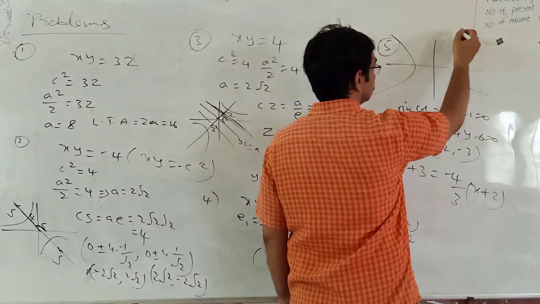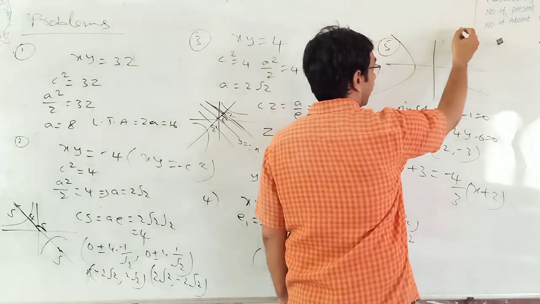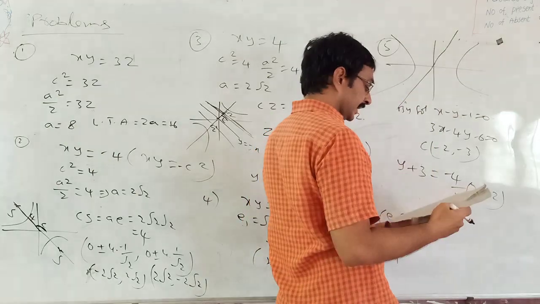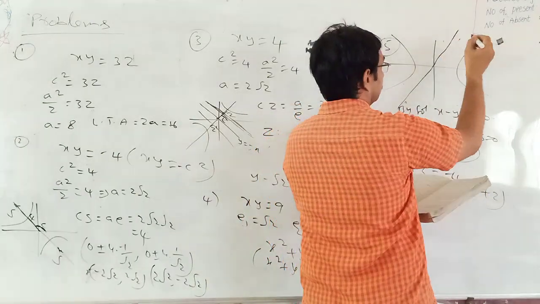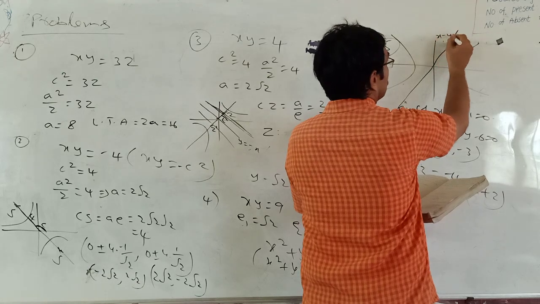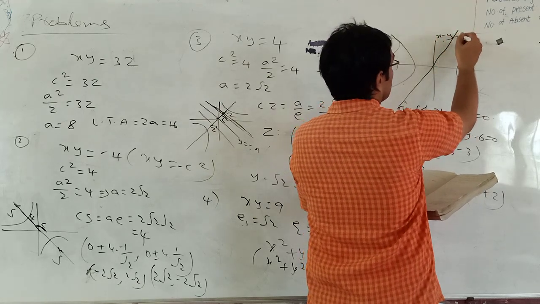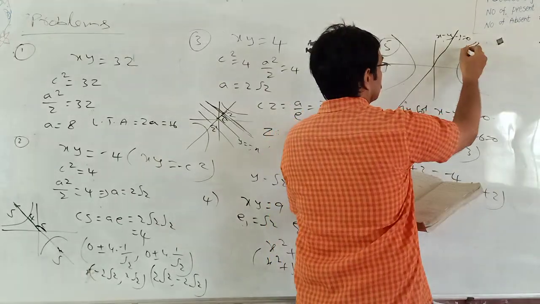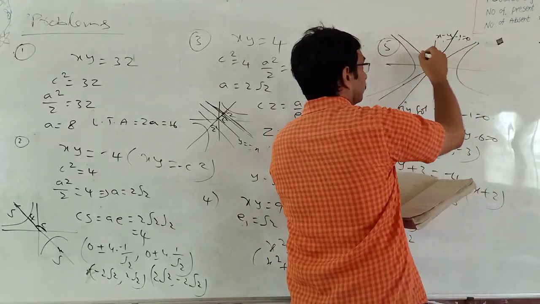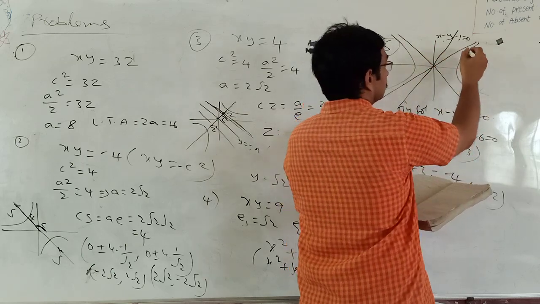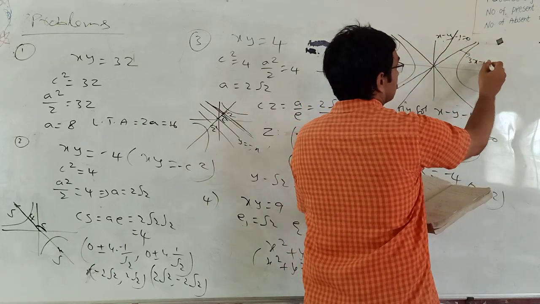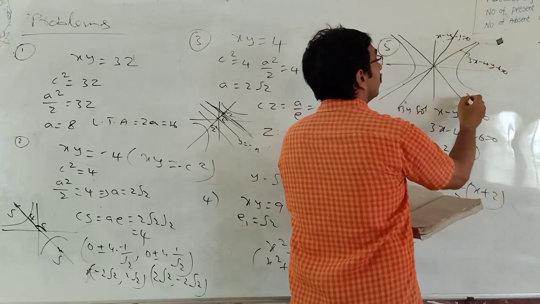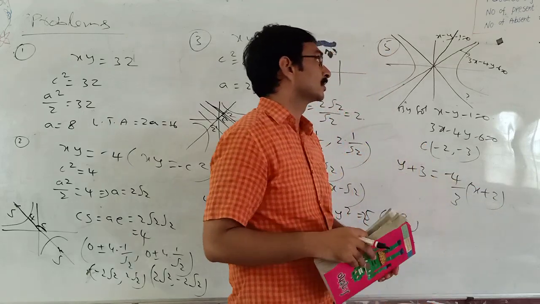First, given that this is a rectangular hyperbola and there is a line passing through the center of the rectangular hyperbola, that is x minus y minus 1 equal to 0, and one of the asymptotes is 3x minus 4y minus 6 equal to 0. Now what is the equation of the other asymptote?